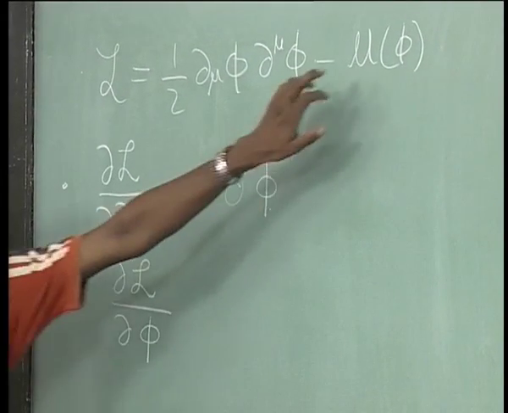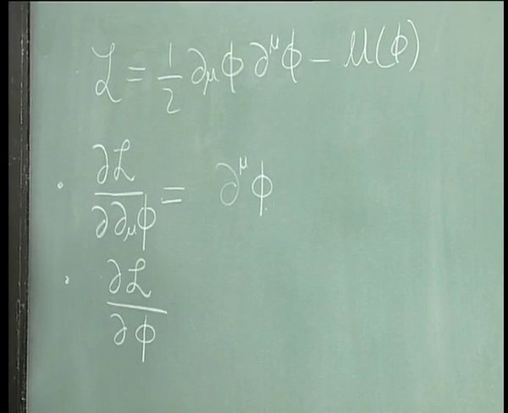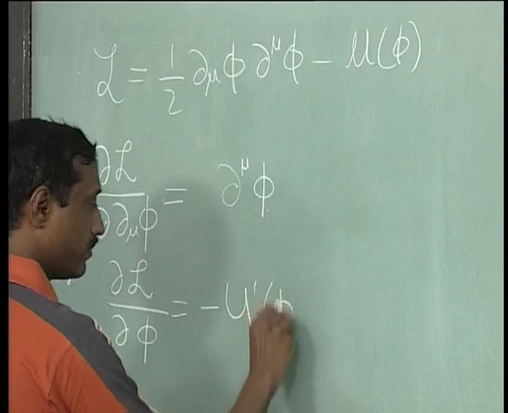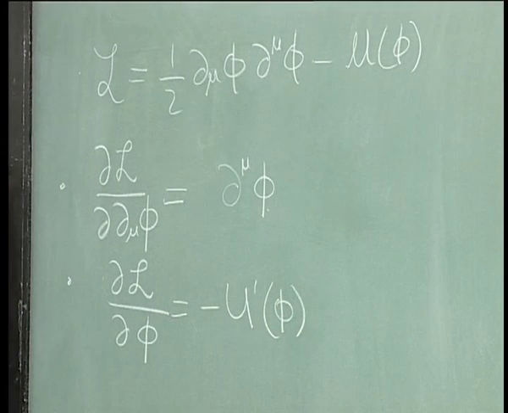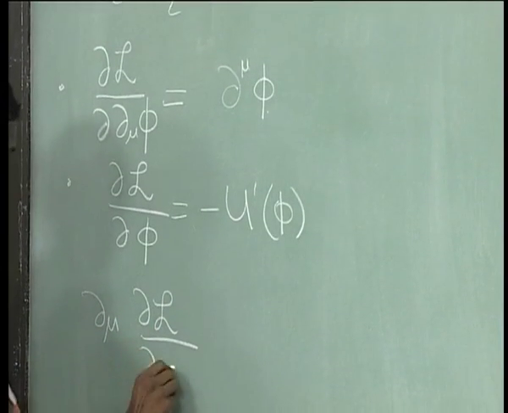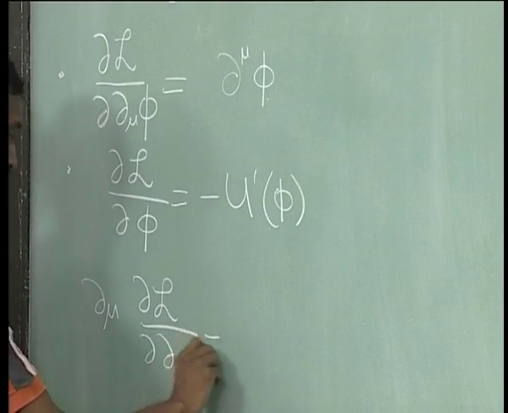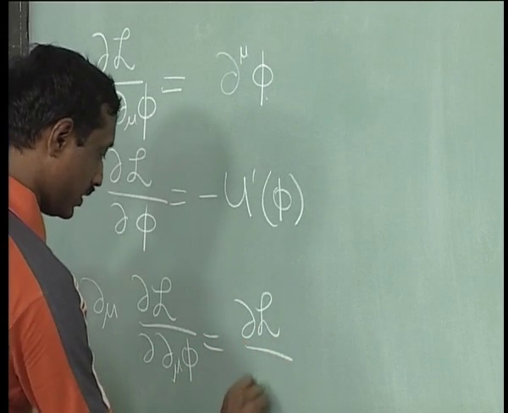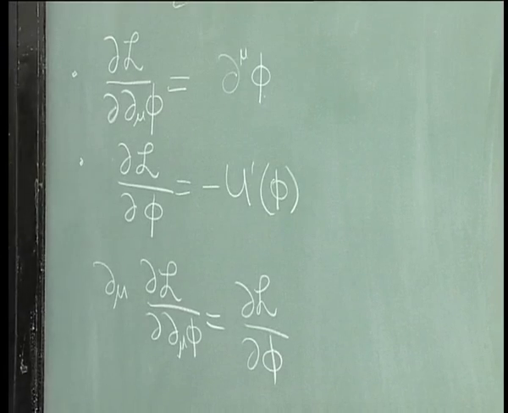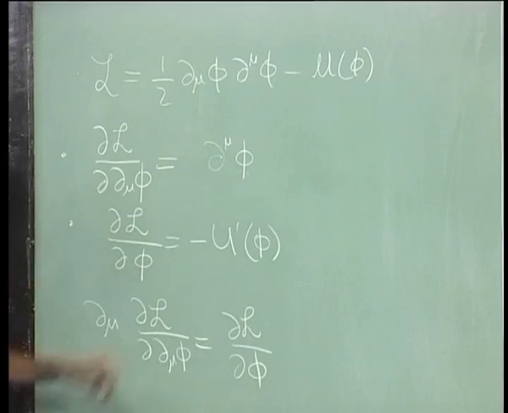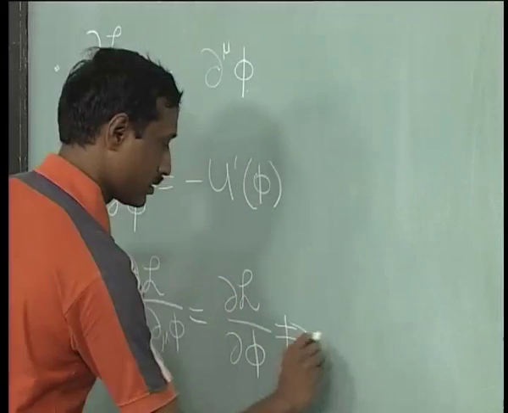The derivative of this comes only through the potential, and so this is equal to minus u prime of phi. Okay. So, the Euler-Lagrange equation which we derived earlier tells you that d mu of dL by d of d mu phi is equal to dL by d phi. So, we get d mu acting on d mu phi, which is this.